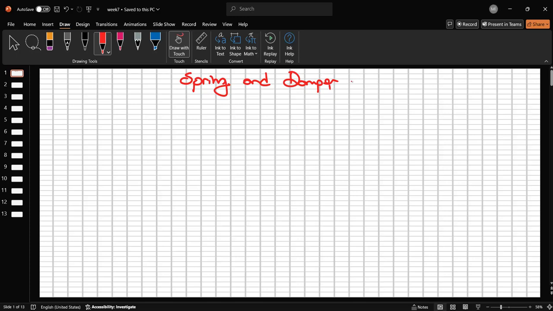Damper elements. What is the spring element? Anyone knows?